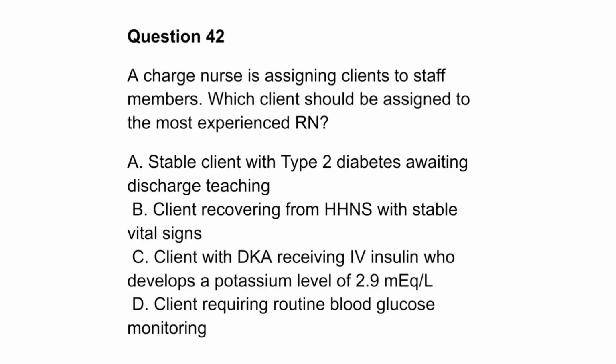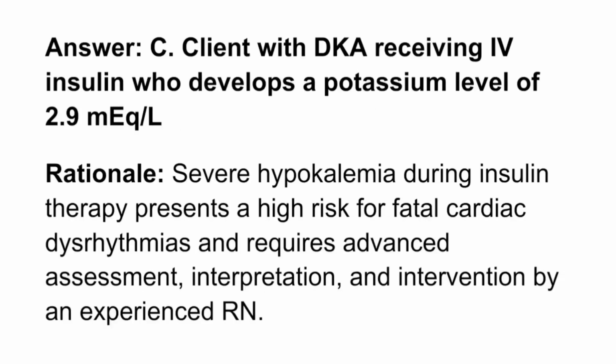D. Client requiring routine blood glucose monitoring. Answer: C. Client with DKA receiving insulin who develops a potassium level of 2.9 milliequivalent/L. Rationale: severe hypokalemia during insulin therapy presents a high risk for fatal cardiac dysrhythmias and requires advanced assessment, interpretation, and intervention by an experienced RN.